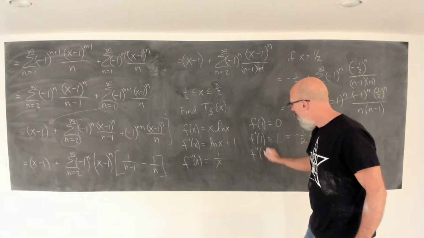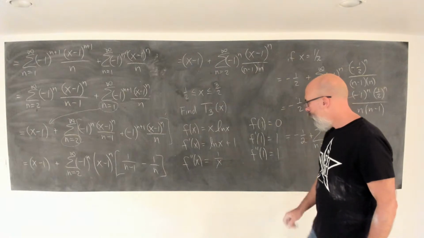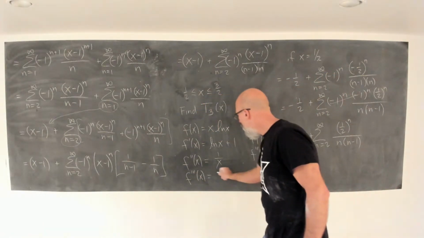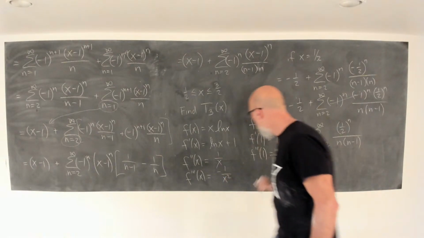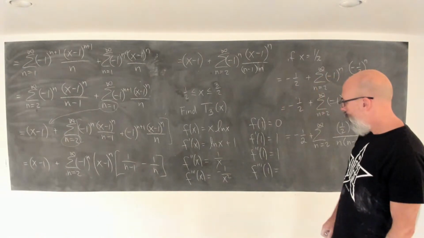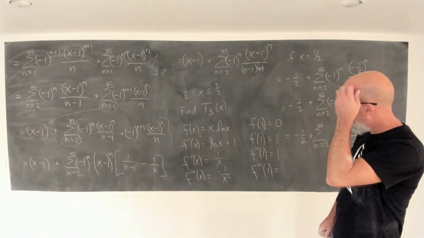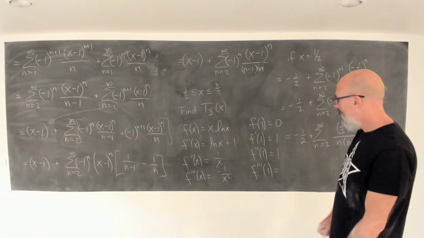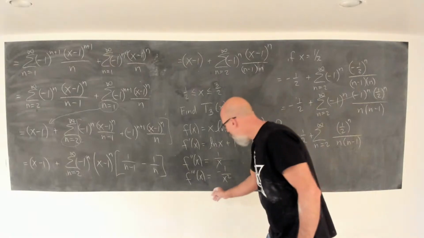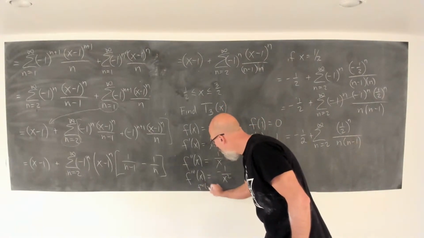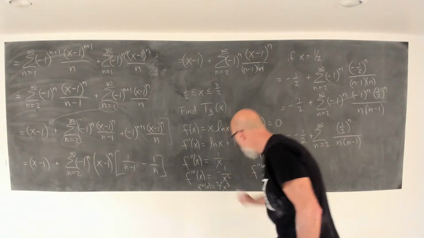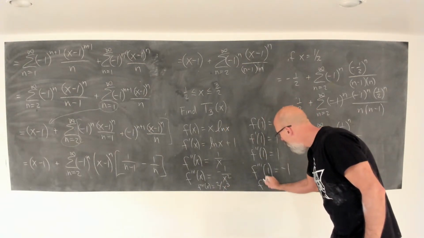Second derivative at 1 is 1 again. Third derivative is minus 1 over x squared. Third derivative at 1 is minus 1. And let's go with a fourth derivative, which is 2 over x cubed.